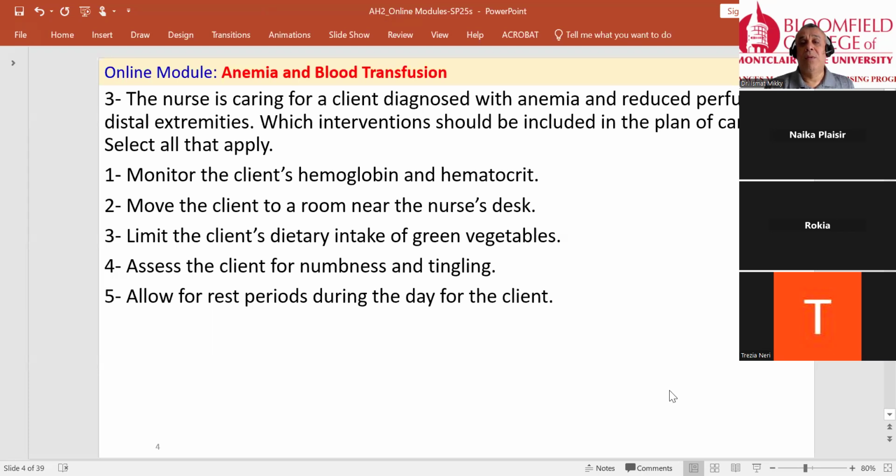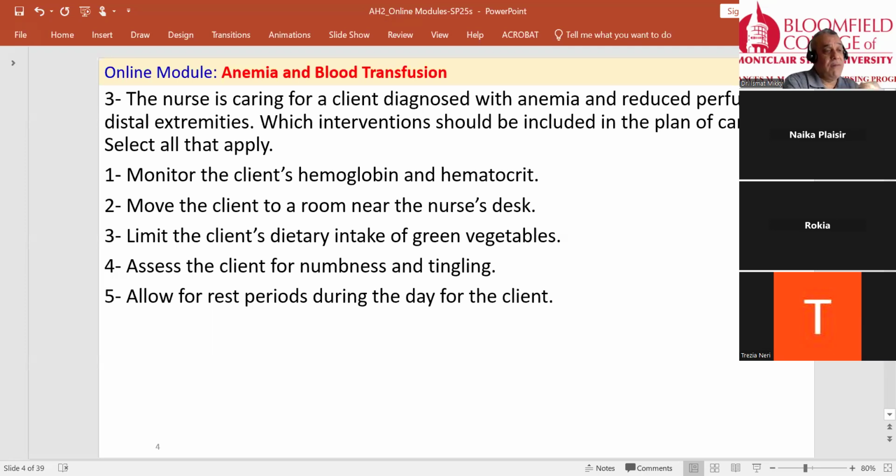Okay, so the question here is about a patient diagnosed with anemia where the perfusion to the distal extremities has been diminished. Which of the following would you include in your plan of care for this patient?